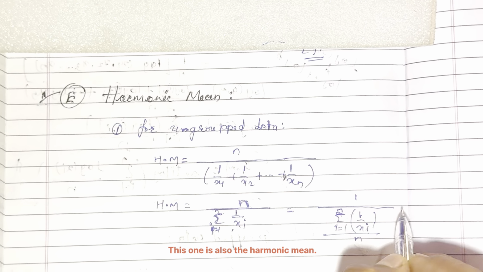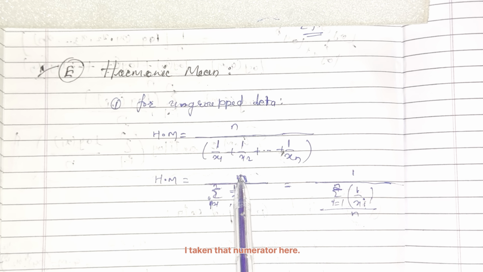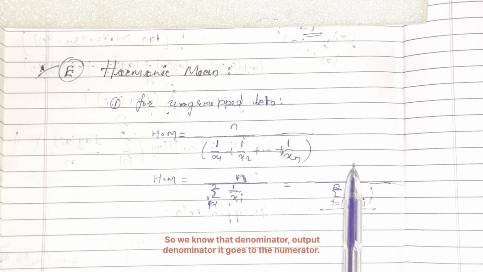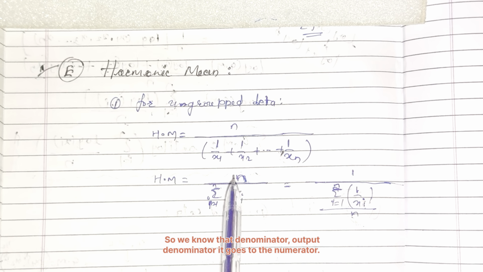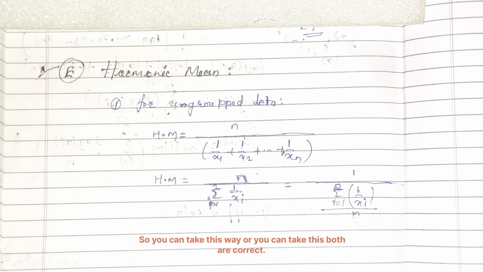This is also the harmonic mean. What I have done here is taken the n from the numerator to the denominator, since the denominator of a denominator goes to the numerator. You can take it this way or that way, both are correct. This is for ungrouped data.